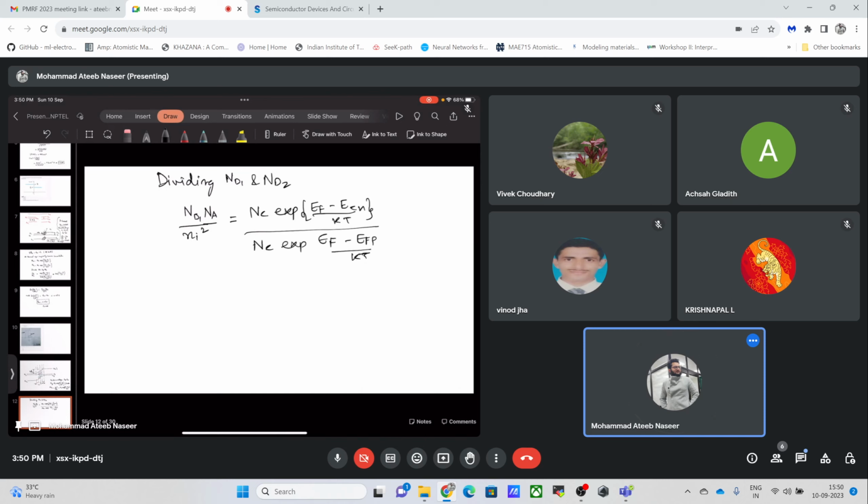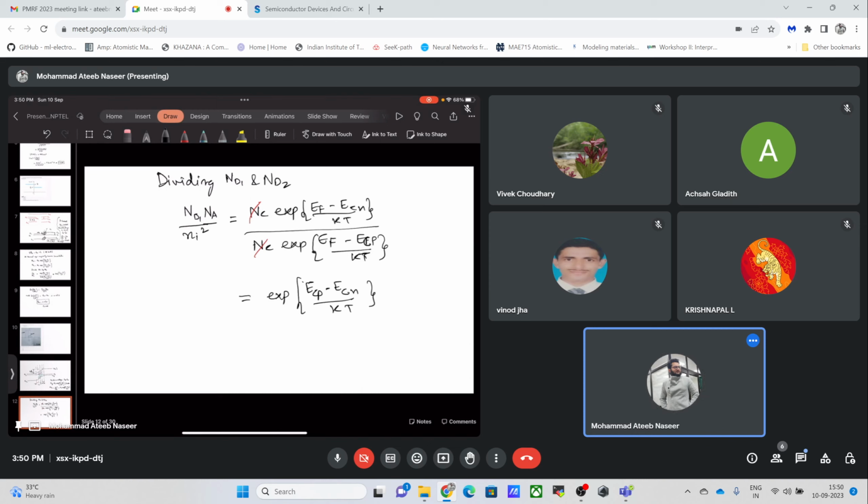So this Nc and Nc will go, this EF and EF will go, and we will be left with the exponential of ECP minus ECN by KT.